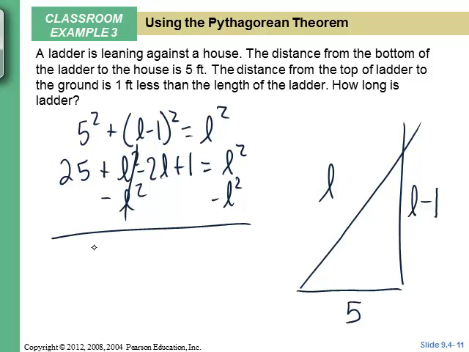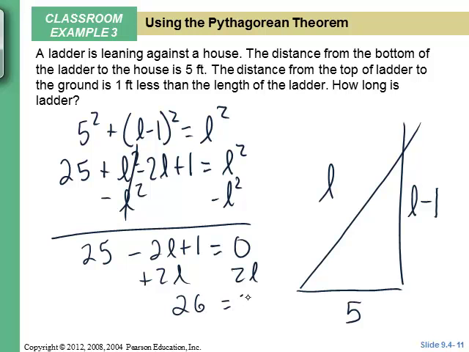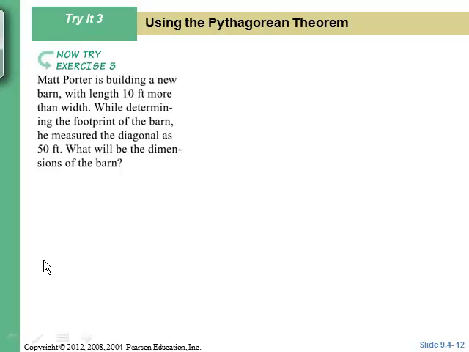You get 25 minus 2L plus 1 equals 0. Add 2L to both sides. You get 26 is 2L, so L is 13. You do this one.